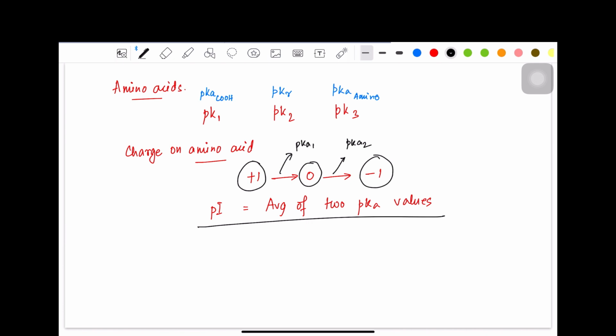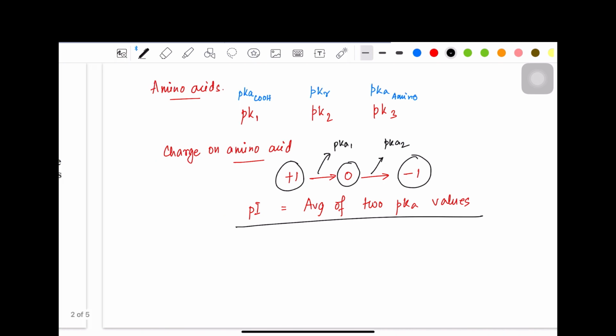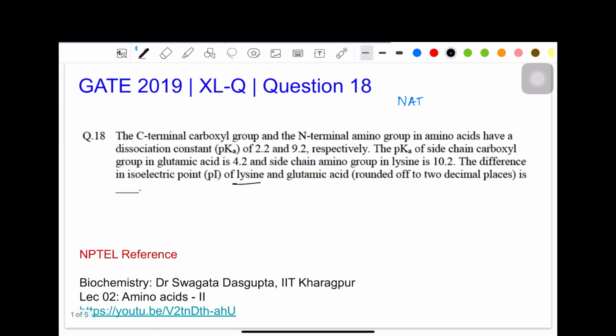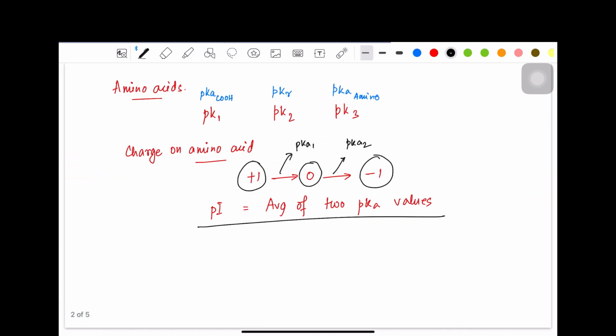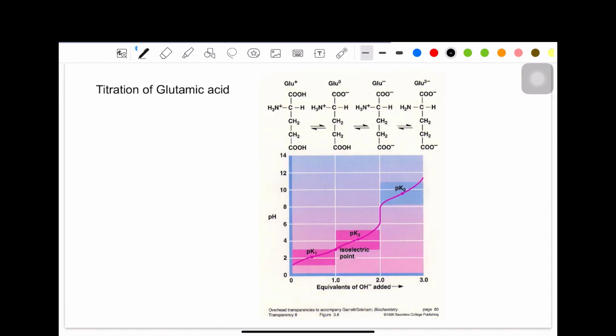Now, this is something we had discussed before. So now we will look at the titration curve of the two amino acids mentioned in the question, lysine and glutamic acid. First of all, we are looking at the titration of glutamic acid. Here, in very low pH, we know that the amino acids are usually cationic.